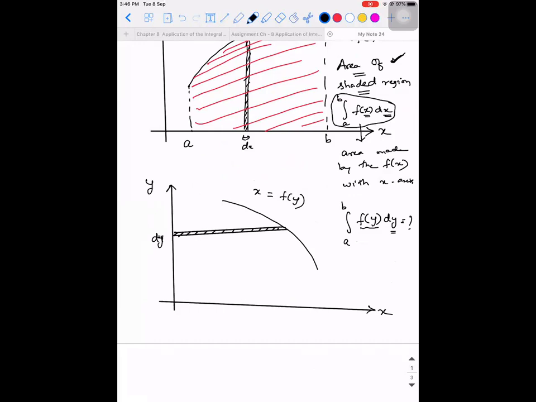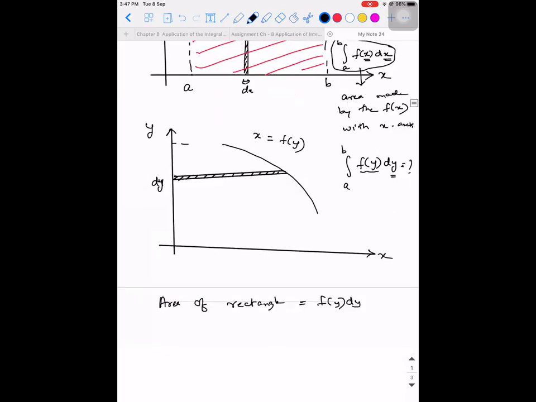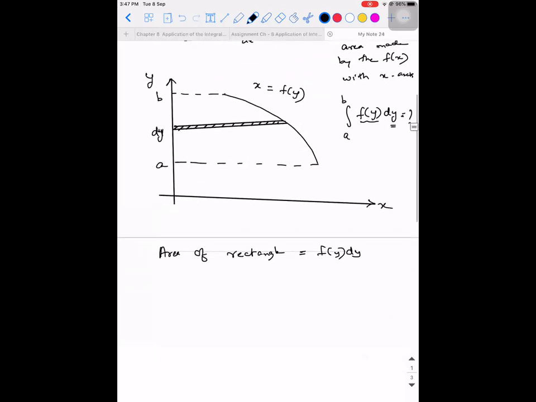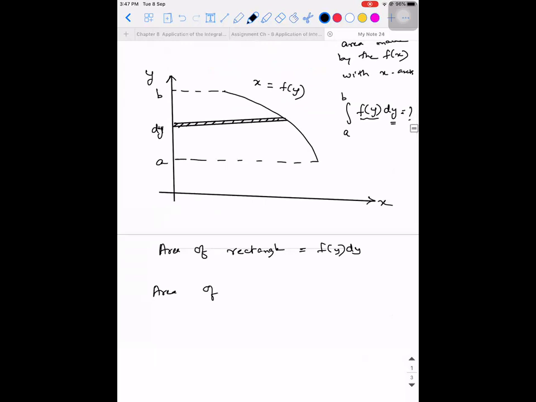Area of the rectangle will be f of y dy. So if I take the limit from a to b, then the area of the region with the y-axis will be equal to integral of f of y dy from a to b.